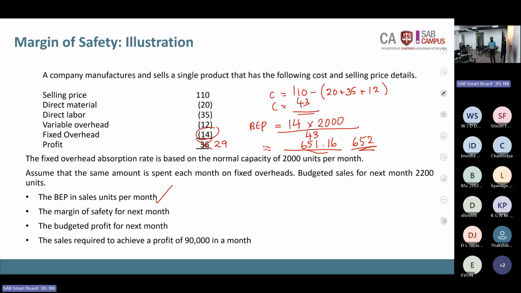Then margin of safety: the break-even sales units we have, and the budgeted sales units they have provided.